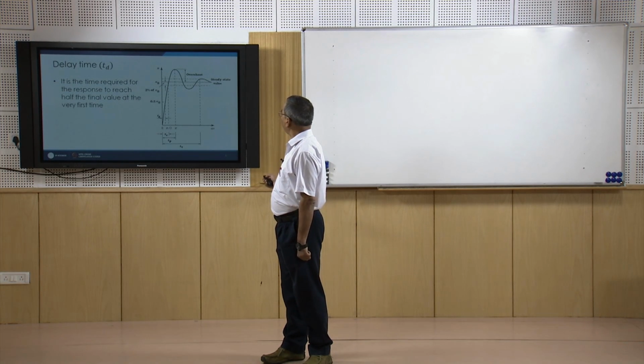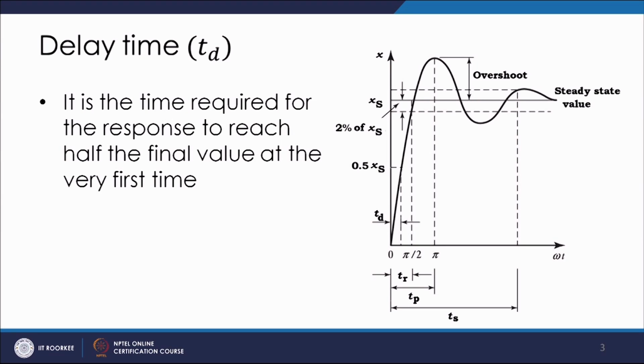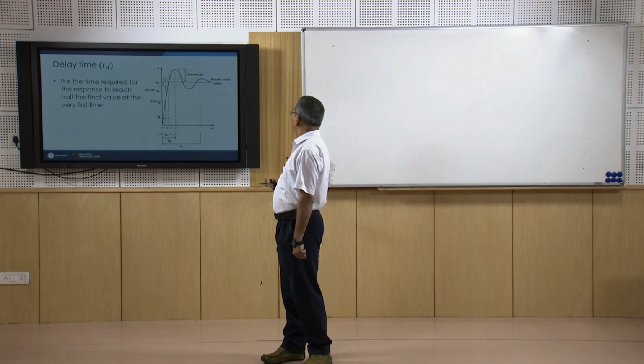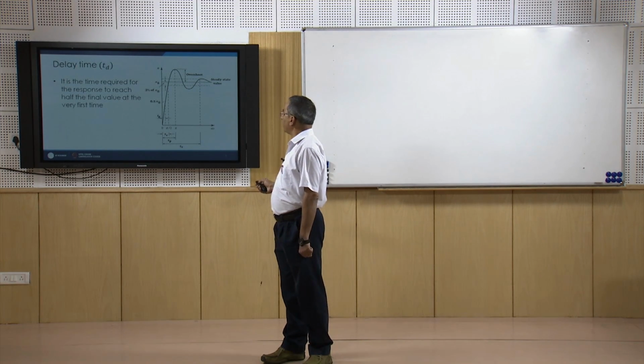In this behavior we can see that various parameters, as I mentioned, have been defined. The delay time T D is this parameter, and it is the time required for the response to reach half of the final value for the very first time. Half of the final value means we are talking about the steady state value.